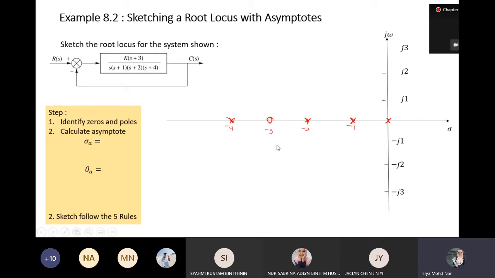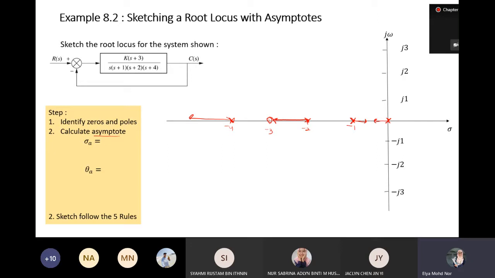Now, how do we know which one is chasing which? Generally, this one will go somewhere here, and this one will go here. The poles will be attracted to the nearest zeros. But the question is the pattern shape of the poles, so we need to do the asymptote.